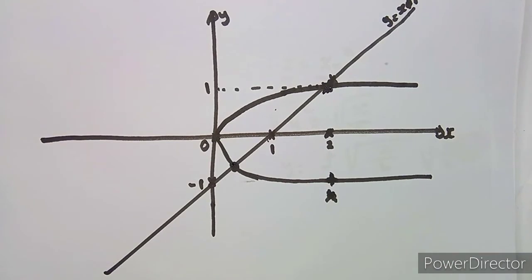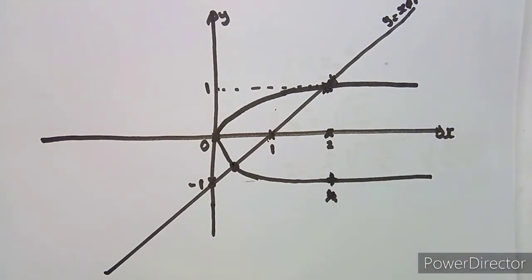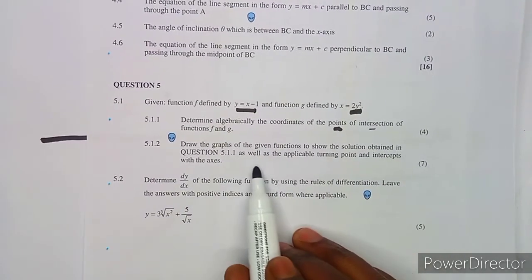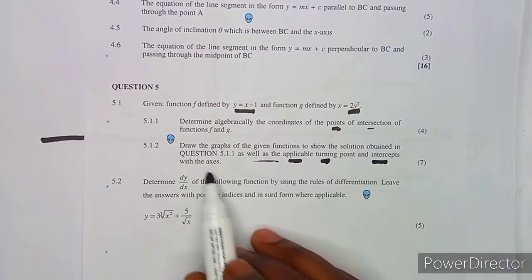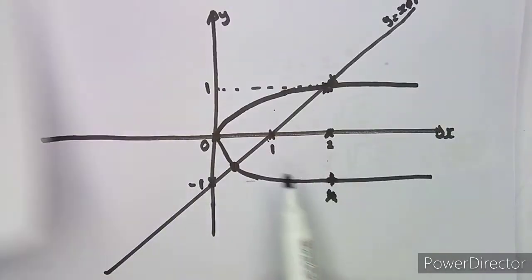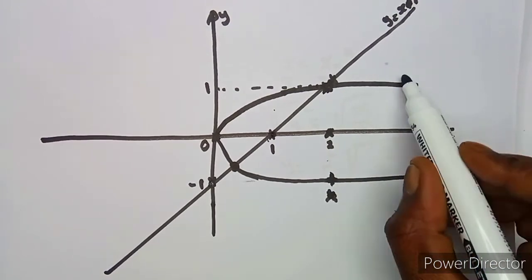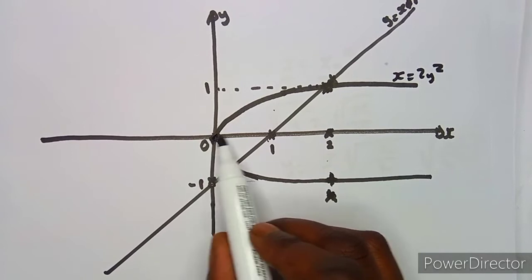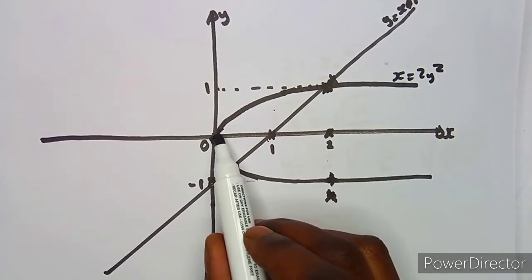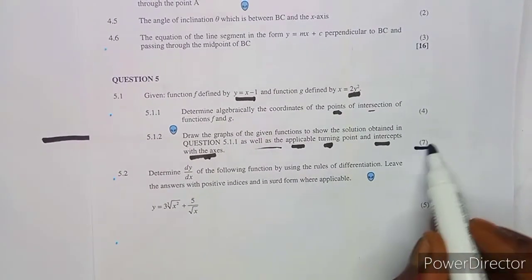So that is what we had. The question actually wanted us to indicate this, as well as applicable turning points and intercepts with the axis. These ones, the axis here for the straight line, and for x is equal to 2y squared, it is going to pass through this point only. So that is what you had, and you've got 7 marks for that.